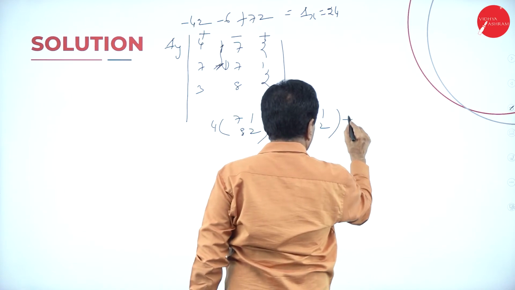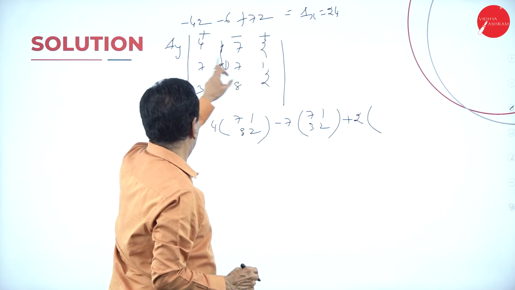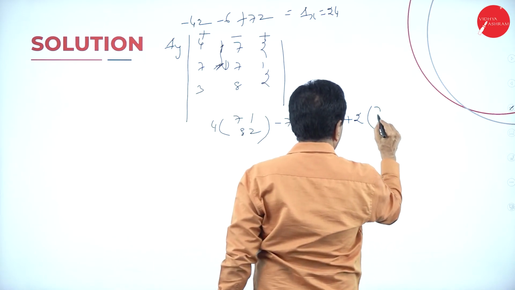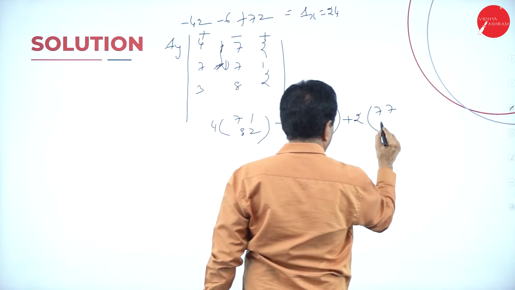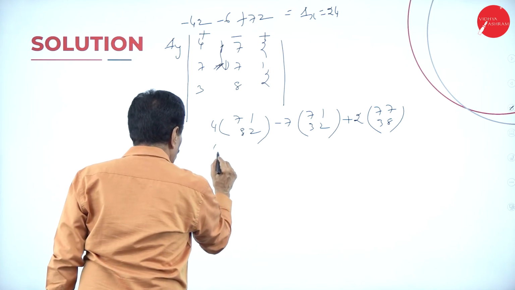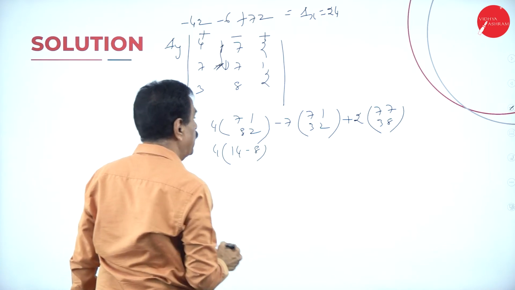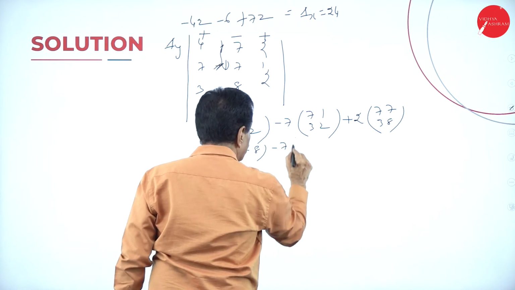When you take the plus 2, this will go and this will go. 7, 7, 3, 8. This is 4. 7 2s are 14, minus 8, minus 7.